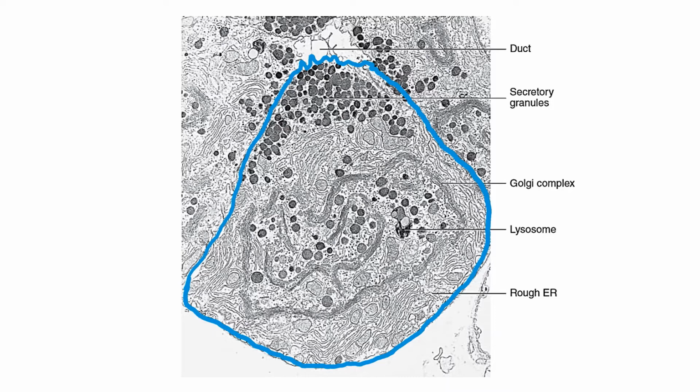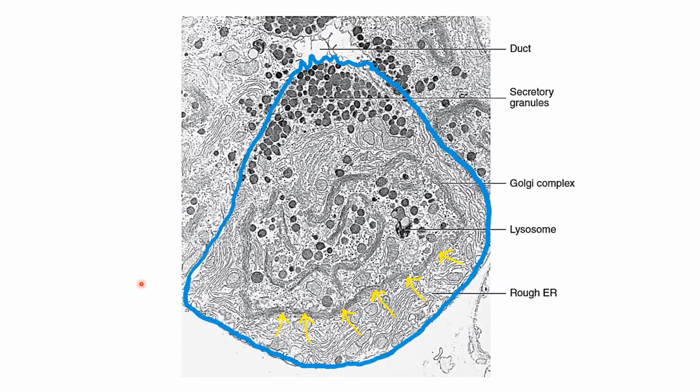The cell here is outlined in blue, and we can see that it's polar, meaning there's an end of the cell that is facing the duct, where the final product, the hormone, is released. And there's a part of the cell that's facing away from the duct, perhaps attached to a basement membrane. You can see here in yellow arrows the direction of the protein product from the endoplasmic reticulum.